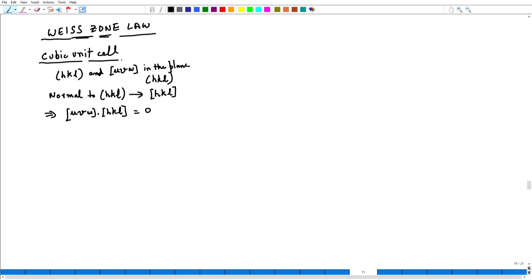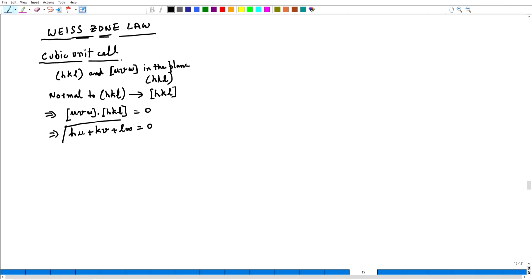And if I take the dot product on the left hand side, then I just have to multiply the corresponding indices in the two vectors. So, HU plus KV plus LW would be 0.